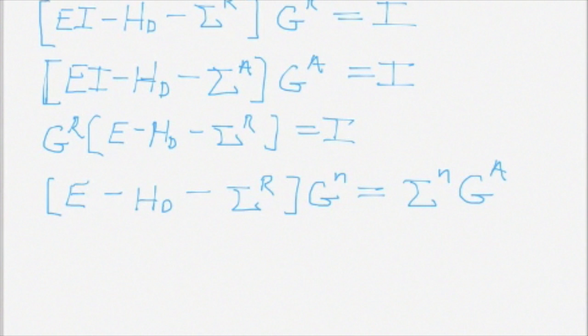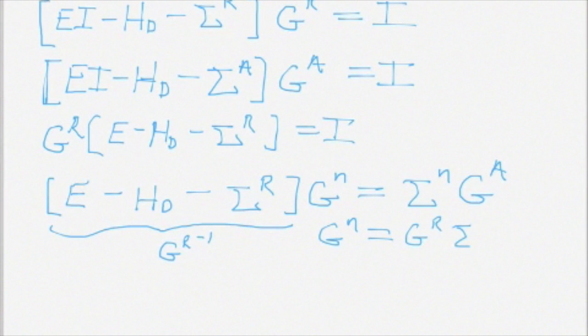Gn is GR times sigma n times GA. If I multiply the whole equation through by GR, I just get that Gn is what we wrote down. These are two entirely equivalent equations. But if you write it like I did in the first line, you call that the equation of motion for G_n.